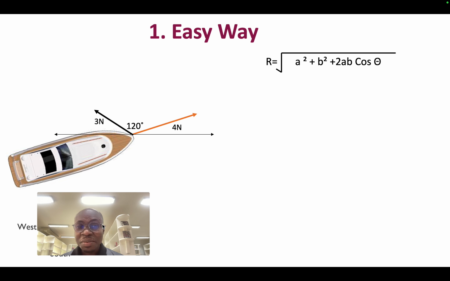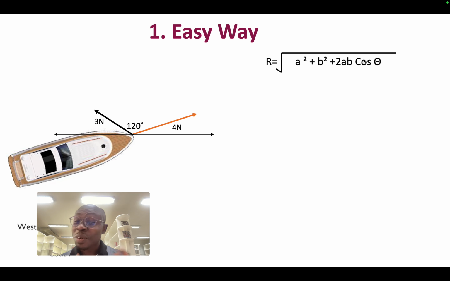Because in the easy way, this theta is equal to 120. We just look and write. It's there, right? 120 is always in the question. So it's easy. Oh, by the way, did you guys study in math, sine, cos, and tan? Okay, I think some of you have studied.